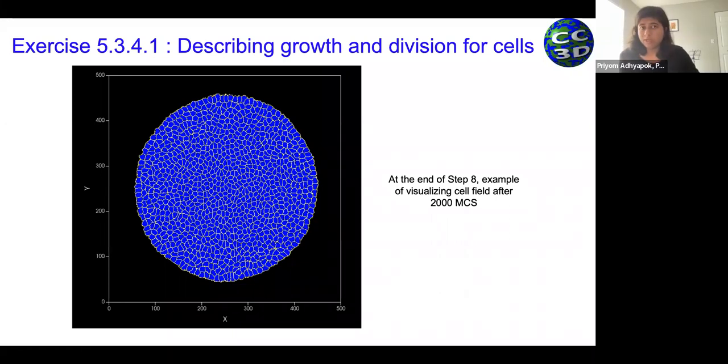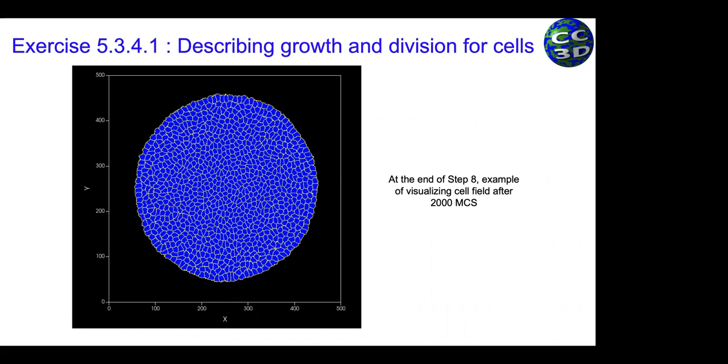Okay, so is this a simulation people are okay with so far? Overall, are you able to get cells to divide and grow? Yes, no, maybe. Now I have an error.